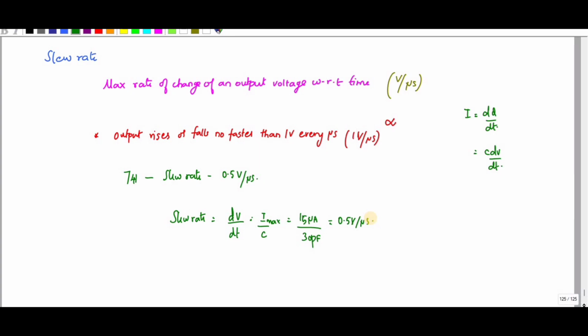If I give V equal to Vm sin omega t, and I want to find the slew rate, it is dV by dt. If I differentiate, I will get Vm omega cos omega t.